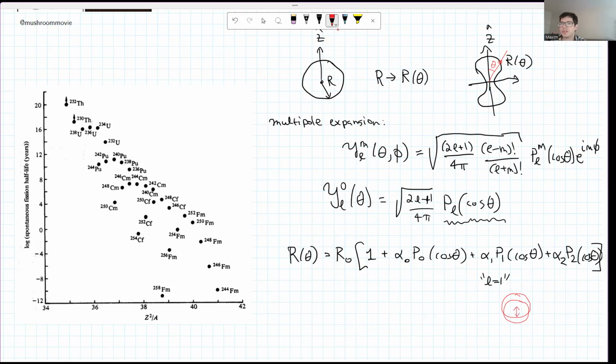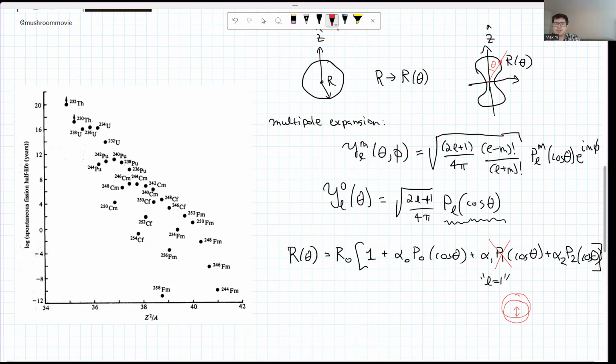This is quite similar to the discussion we had last time about vibrations. So this term is not contributing to the shape deformation because it just corresponds to moving the droplet. So it shouldn't contribute anything to the energy associated with deforming the droplet.